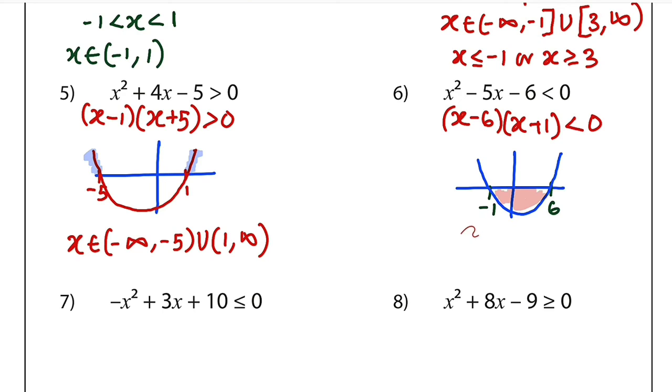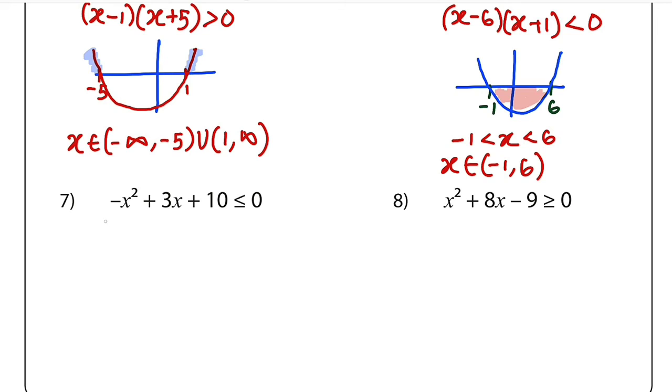So the solution will be -1 less than x less than 6. That is from -1 down to 6. Or in interval notation, it is the set of values from -1 down to 6, excluding -1 and +6.